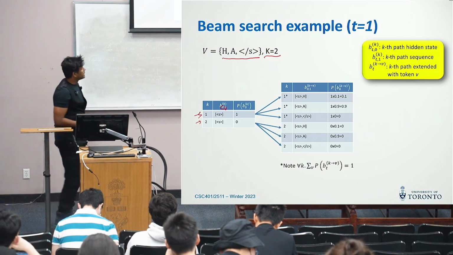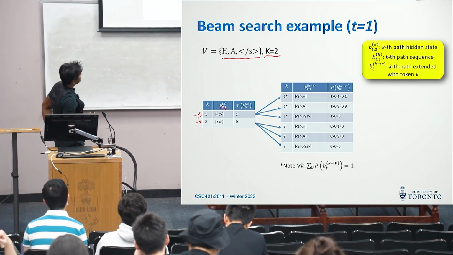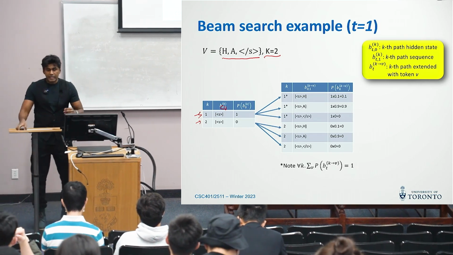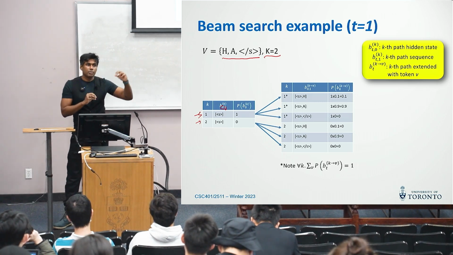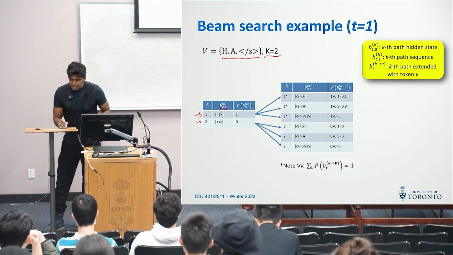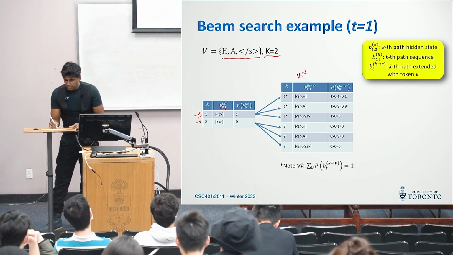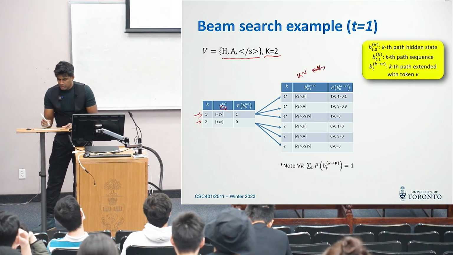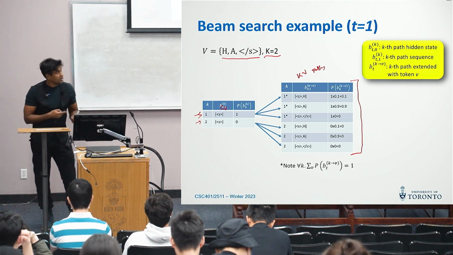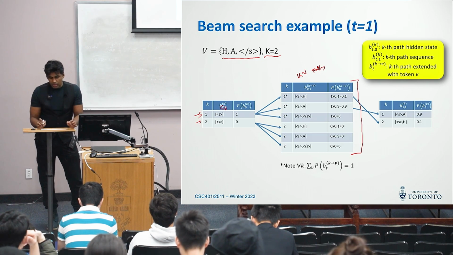So here, at time step 0, we have three words and we have 2 paths. So always remember that in each time step we'll have kv possibilities. So if we have a number of paths, our beam size times our vocabulary size, right? So here we have kv paths. And out of these kv paths, we first calculate the probabilities and then we pick the top 2.